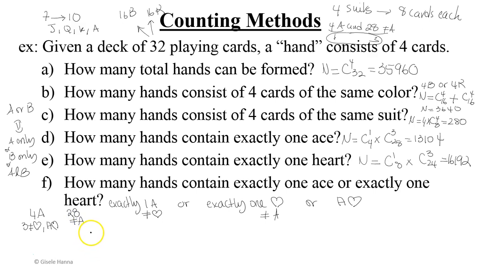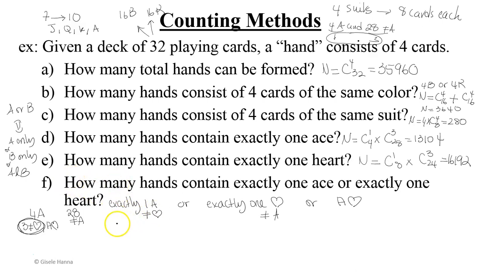So to have exactly one ace that is not a heart, the hand of 4 cards should include one ace out of these 3 aces, so it should be an ace that is not a heart at all.